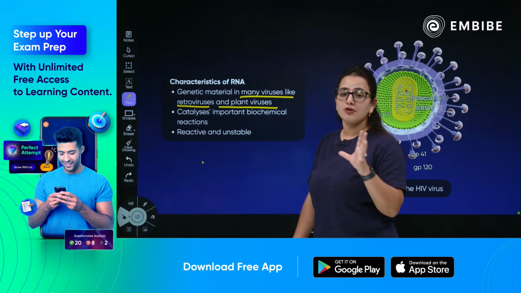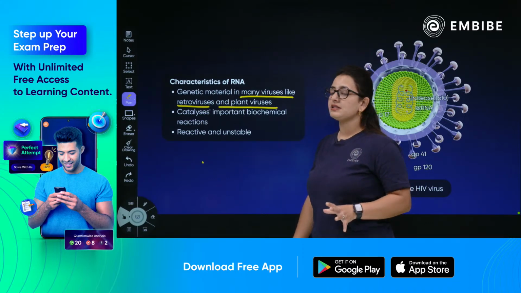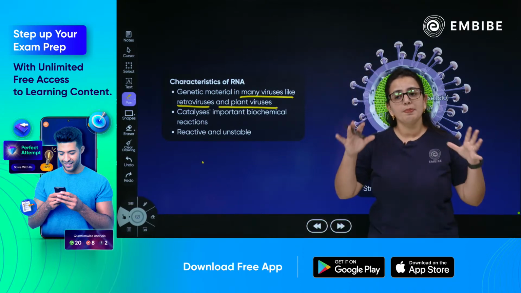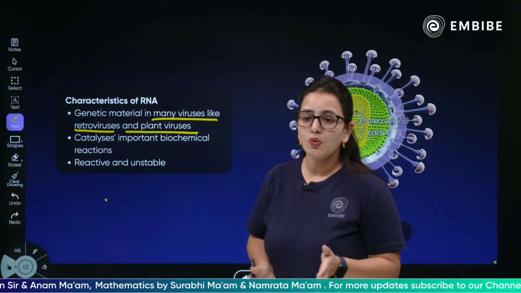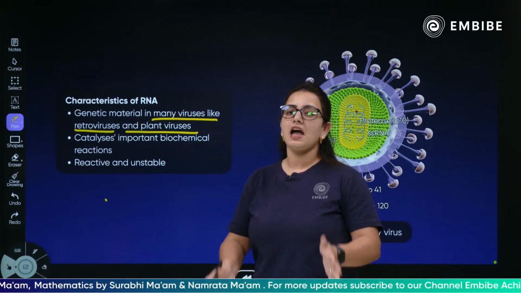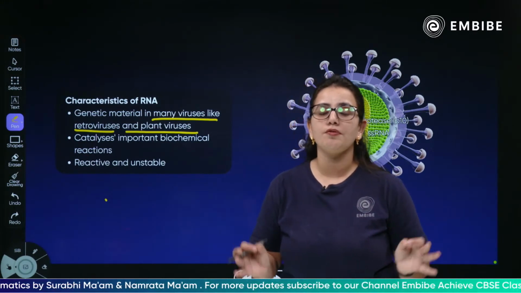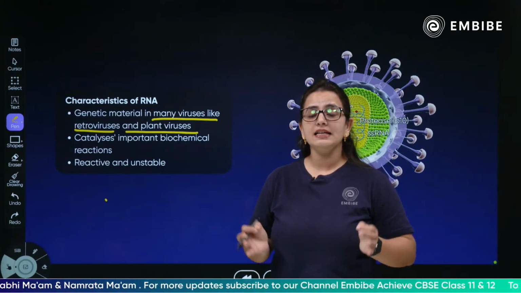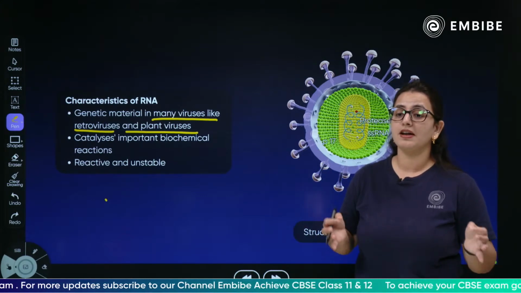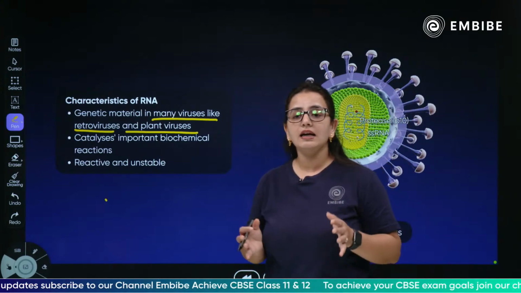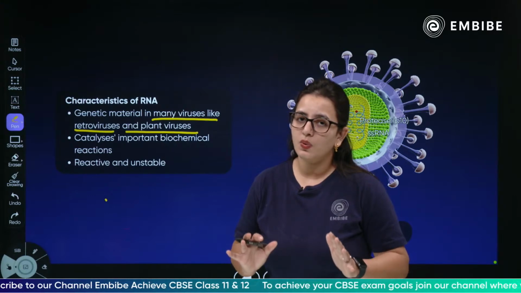Many viruses like retroviruses and plant viruses have RNA as their basic genetic material. There is no existence of DNA in them; they have their information stored in the form of RNA only. So RNA serves as a genetic material in some viruses, like retroviruses and plant viruses.